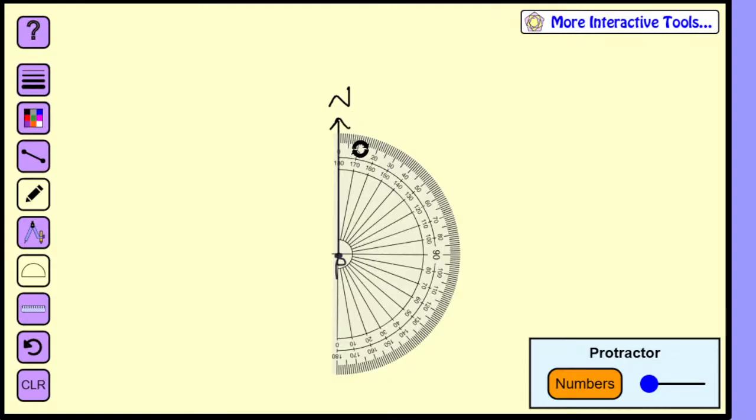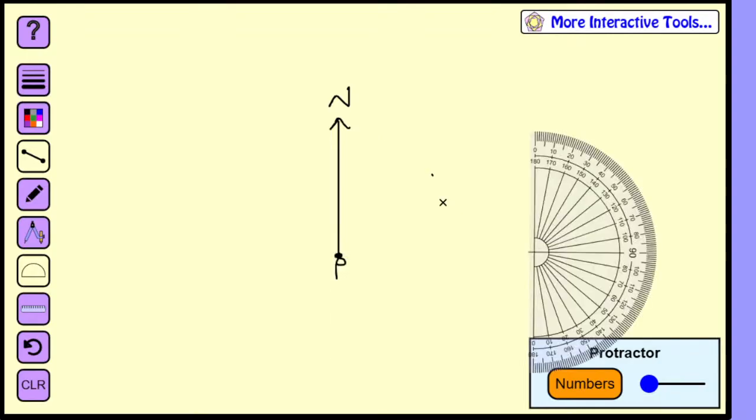So 10, 20, 30, 40, 50, we get the 50 here. Let's mark that right here. And then we put the protractor aside and draw the line which makes 50. And this clockwise angle, let's show like this, 050. Since it's bearing, I'll use 3 digits.